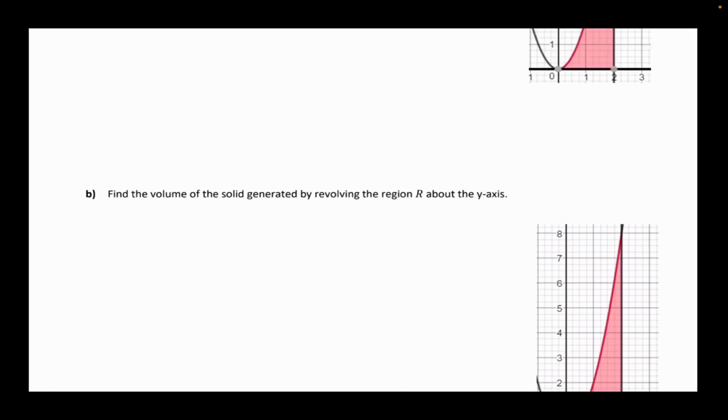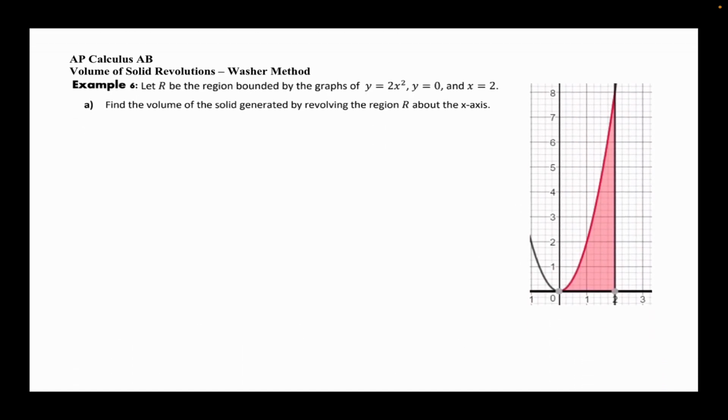Obviously 6B goes with 6A. So they tell you that the graph is made by y equals 2x squared, y equals 0, and x equals 2.